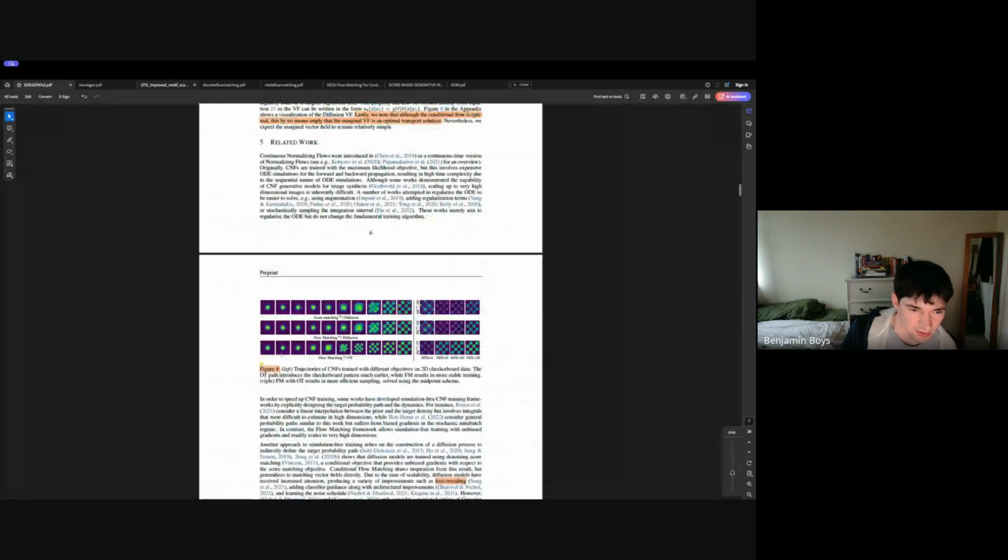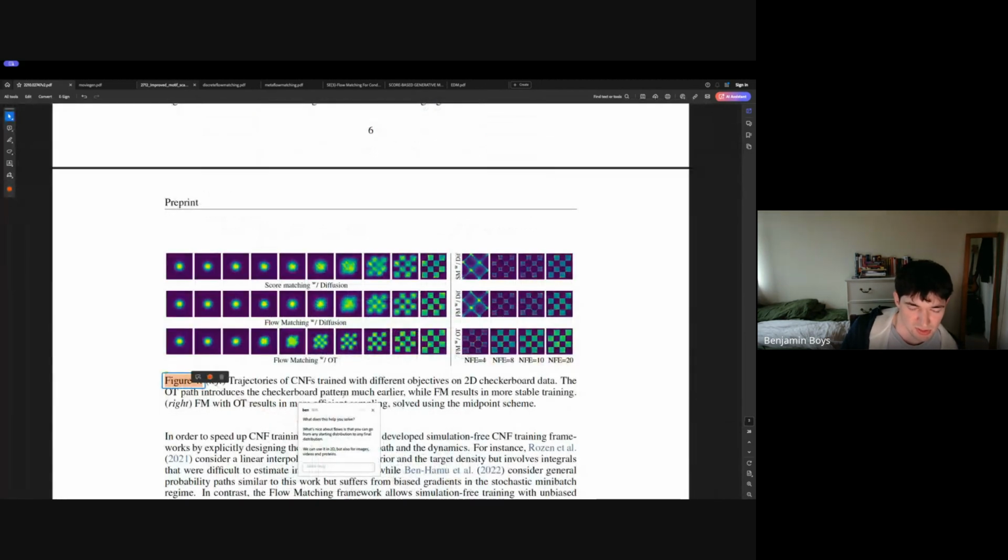Well, what's nice about flows is that you can go from any starting distribution to any final distribution, which is not the case for diffusion. With diffusion, you need to go from a pure noise distribution to any final distribution. So you are restricted in your choice of starting distribution. And it's useful because we can use it in these 2D examples, but also for images, for videos, for proteins.